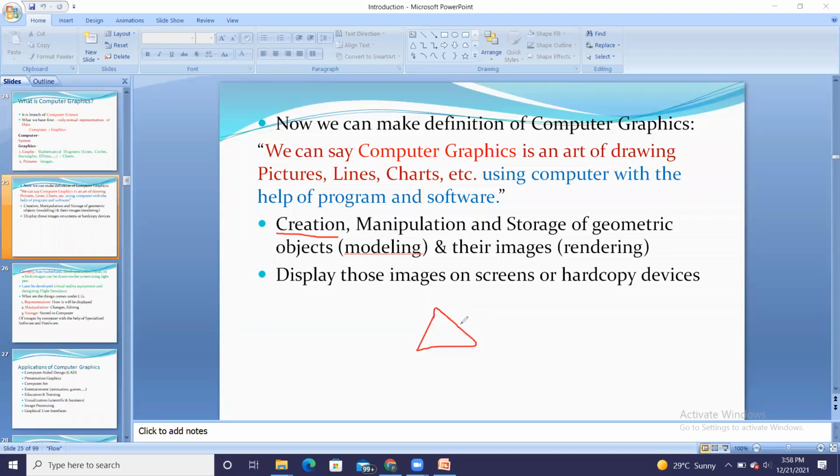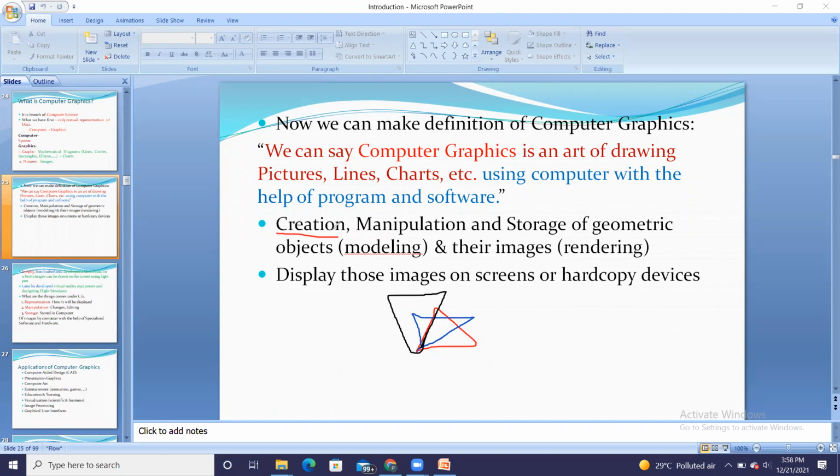Manipulate means maybe I am going to rotate it about this particular point, so the resultant will be like this. Again I am going to rotate it further at this particular point, so your triangle will be like this. It is nothing but the manipulation on this object.